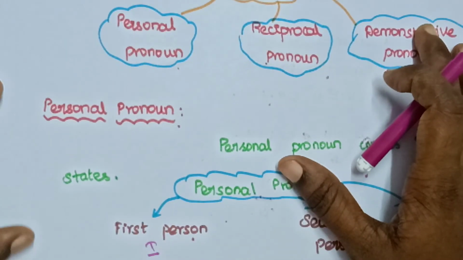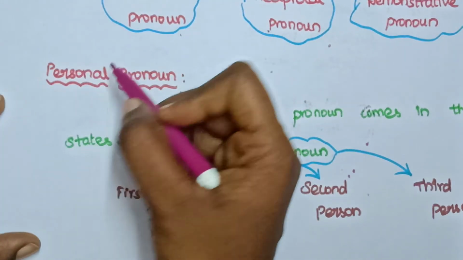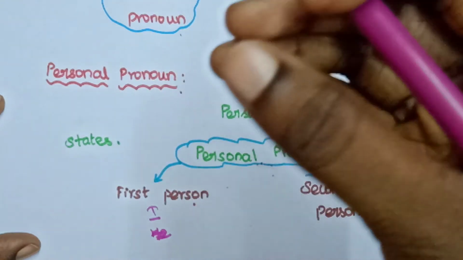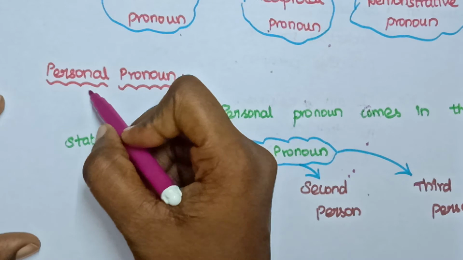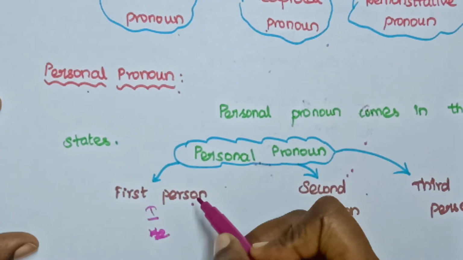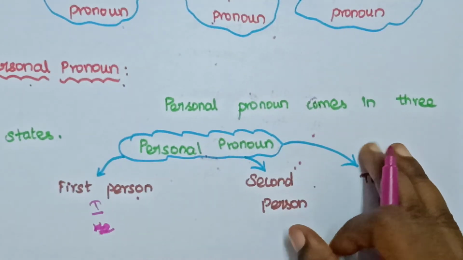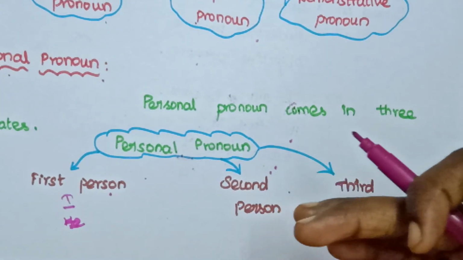See, what is a personal pronoun? Personal is describing about someone personal, right? So it is a person. It will definitely describe a person, right? So here it describes 3 persons: the first person, second person or third person. What is first person?